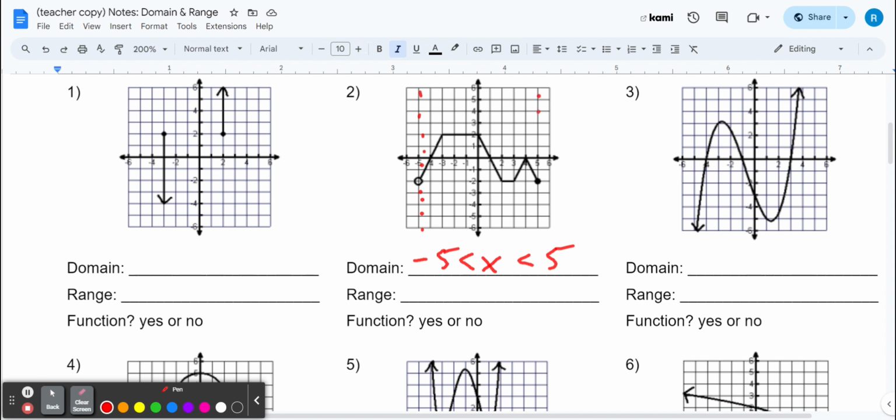If we look at that, notice how it's in between -5 and 5. We've dealt with this inequality notation before. The thing we want to account for is, hey, on the left here we have an open circle. On the right here we have this closed circle, so we're going to want to include +5 in that domain.